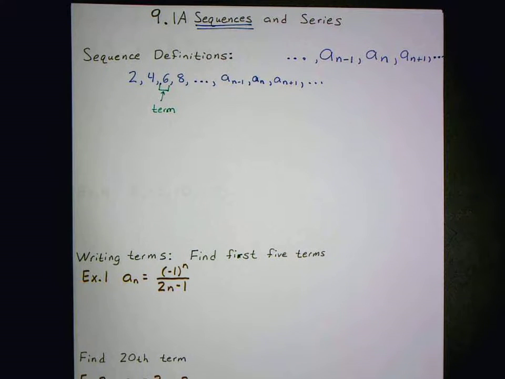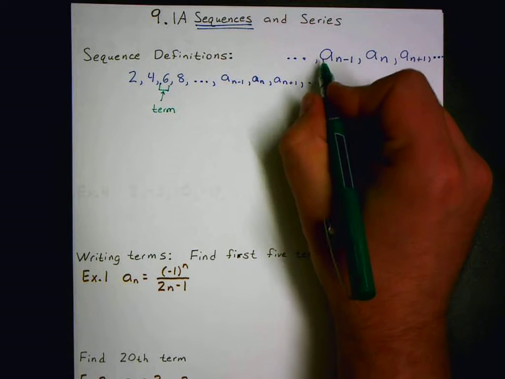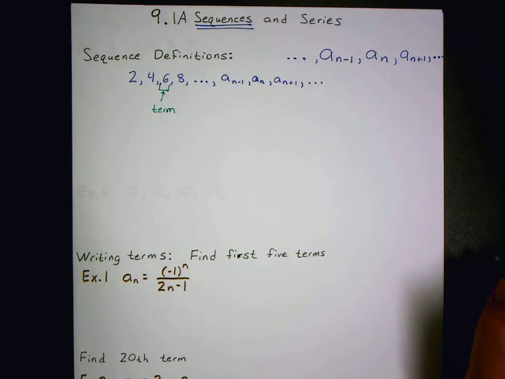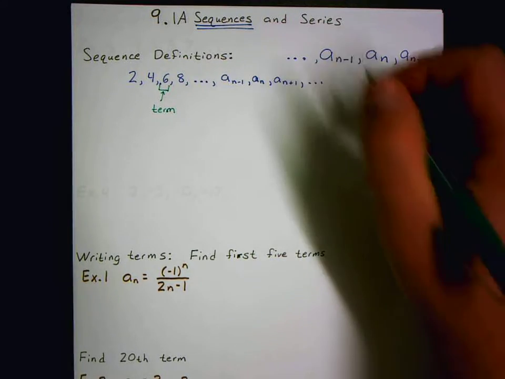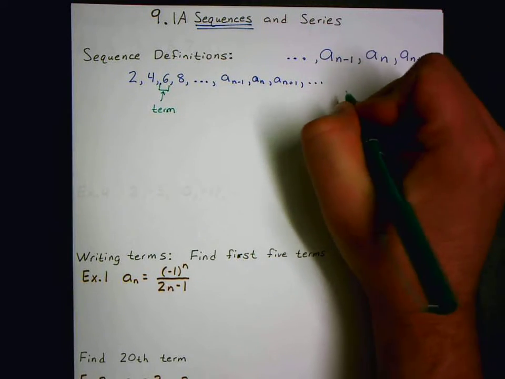When we do terms of a sequence, your book uses the letter A to represent any member or any term of your sequence. And then we always use subscripts.